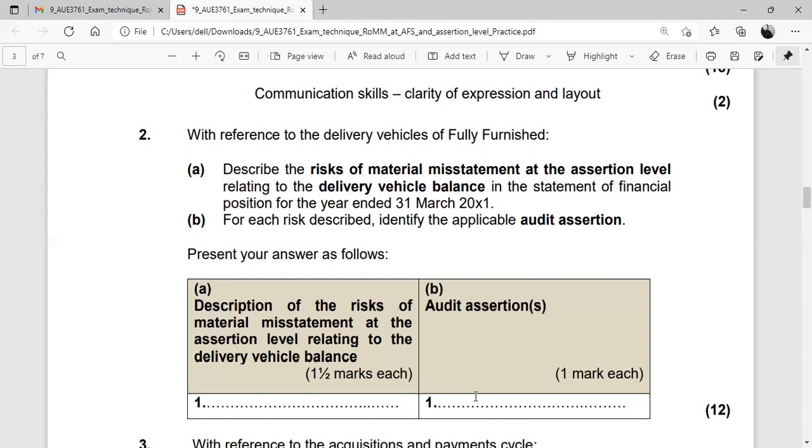Under PPE, you will have property, plant, and equipment. So if the question had said with reference to the land, that would fall under the finance and investment cycle. If the question had said with reference to the loan, that would still fall under the finance and investment cycle, because it's in your statement of financial position. You get what I'm saying?